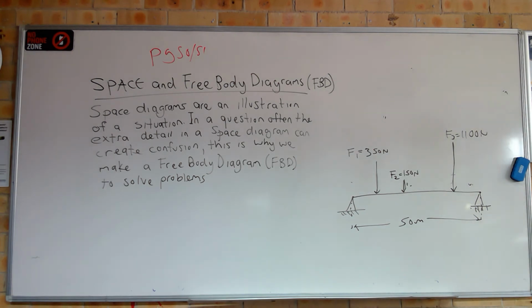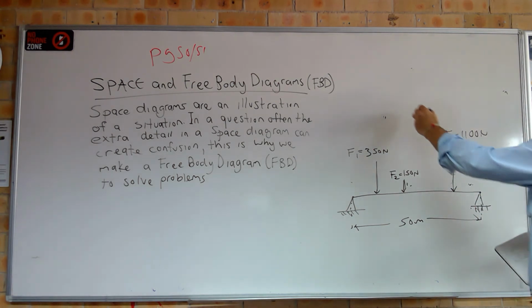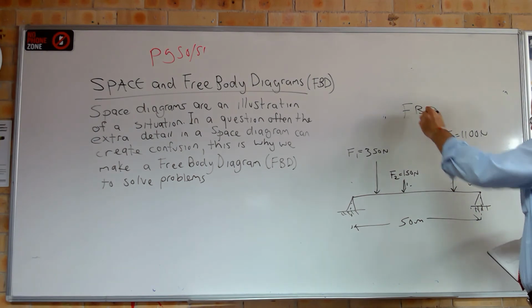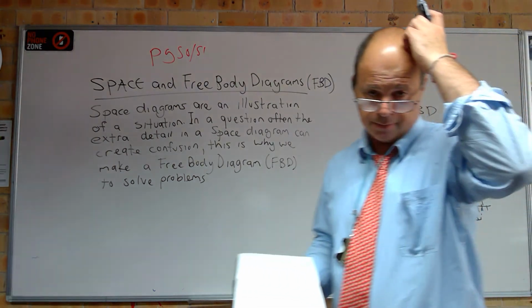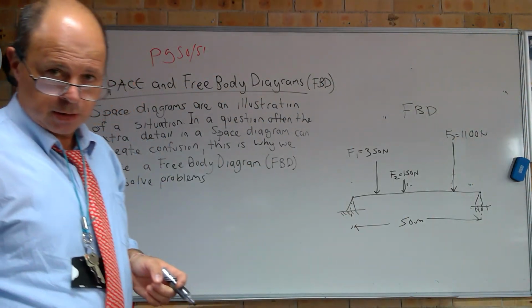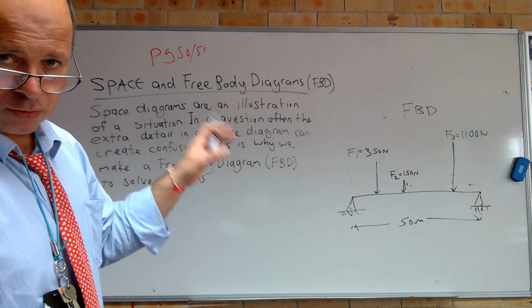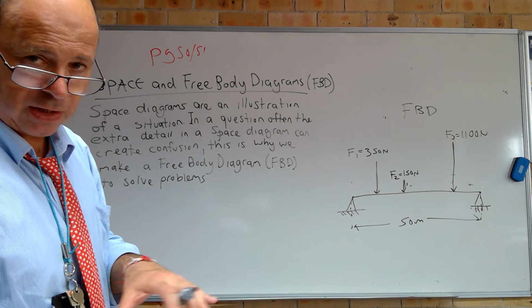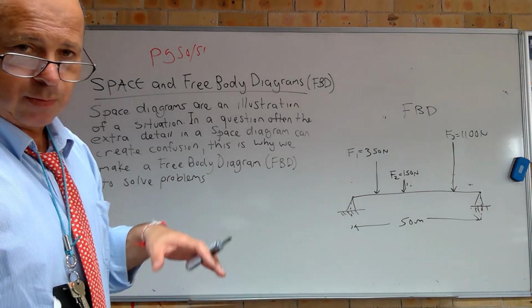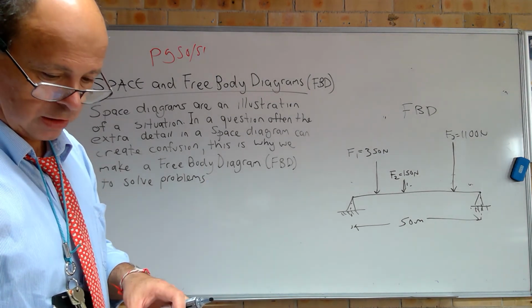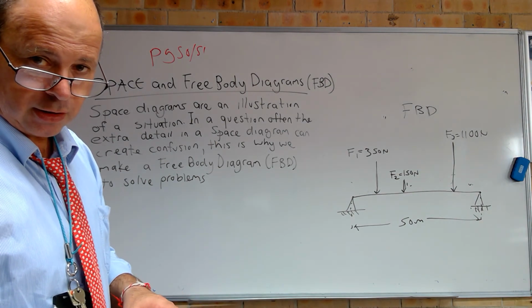So that's your free body diagram. A lot simpler and a lot better for problem solving. So sometimes it helps to draw the actual situation first and then draw a free body diagram. Quite often if you're given a space diagram in an exam, which is the most likely scenario, you would then draw your free body diagram.